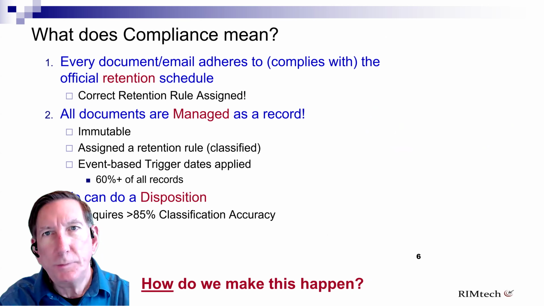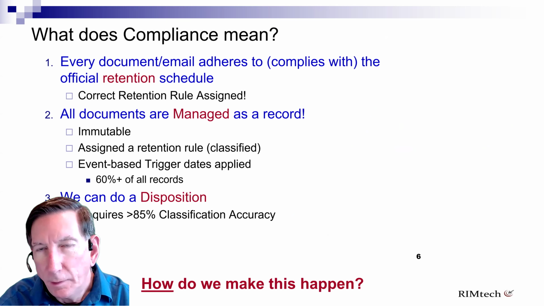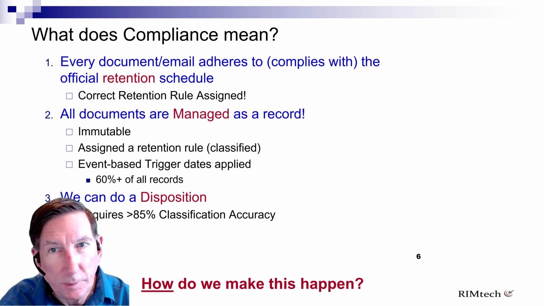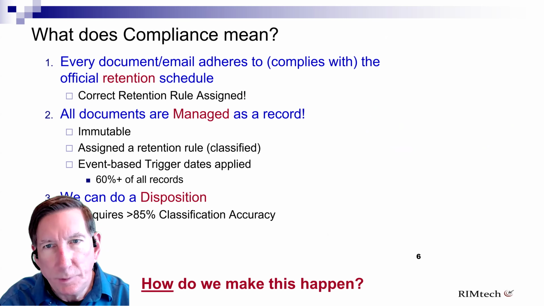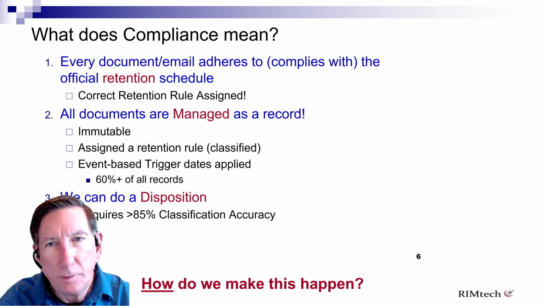So what does compliance mean? Well, what it means to me is that every document in SharePoint has a retention rule applied from the retention schedule. Number 2 is that all the documents are being managed as a record. And that means they are immutable, which in turn means nobody can delete or edit the document or its metadata.